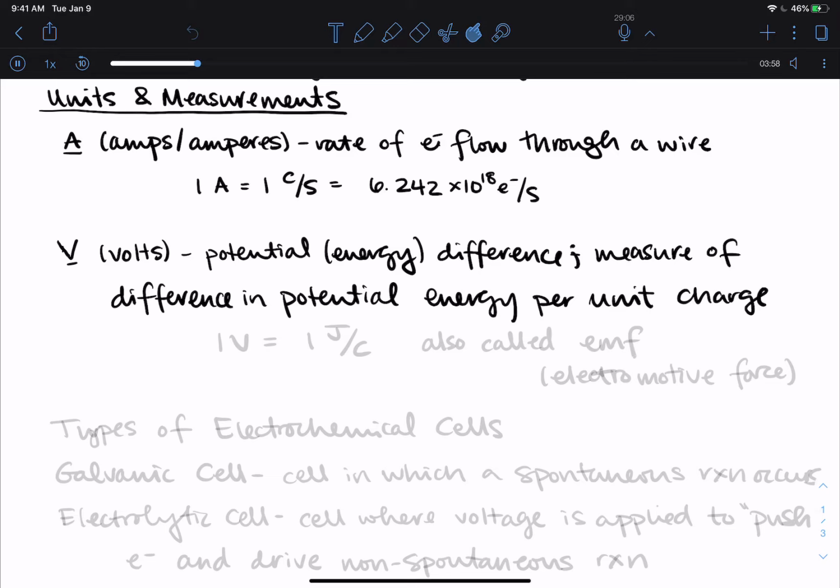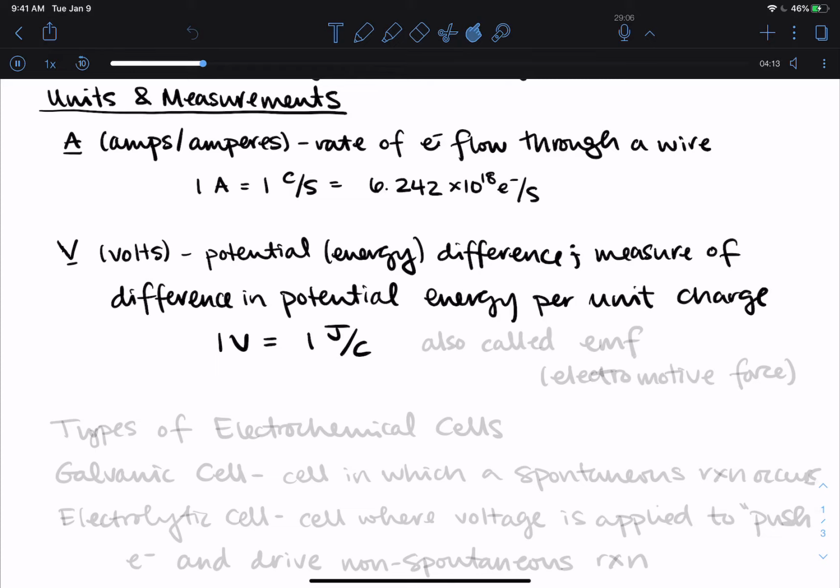So 1 volt, well, a potential energy unit, we need some kind of energy unit, so something like joules perhaps, and it's per unit of charge.